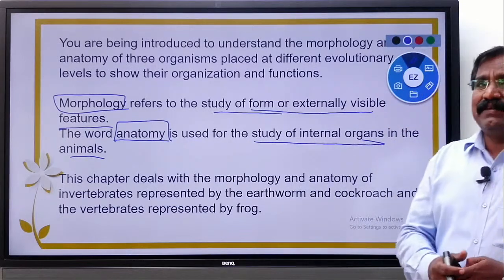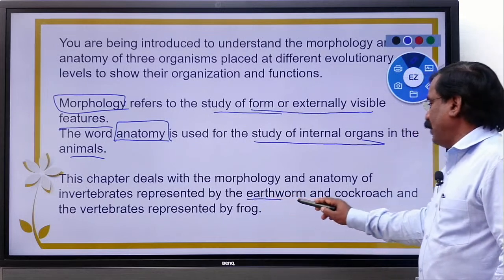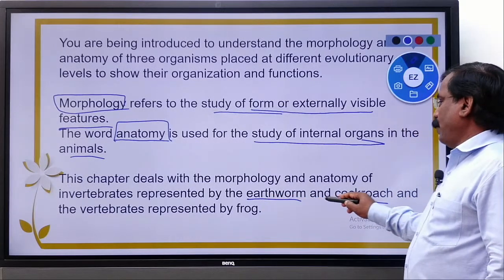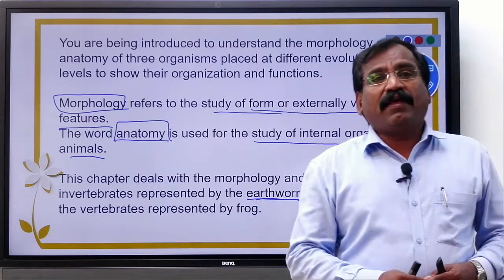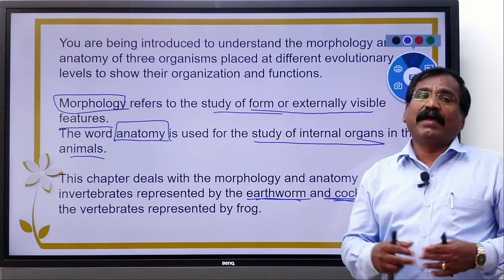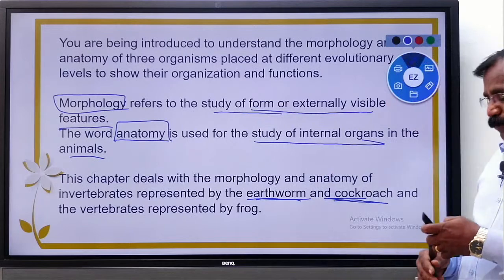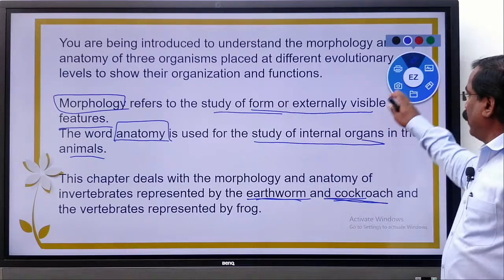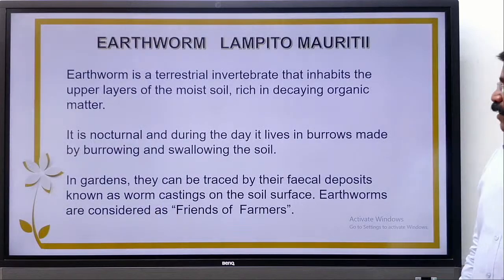In this chapter we are going to discuss two invertebrates, the earthworm and the cockroach, and two vertebrate animals, the frog and the pigeon. Today we are going to discuss the earthworm.